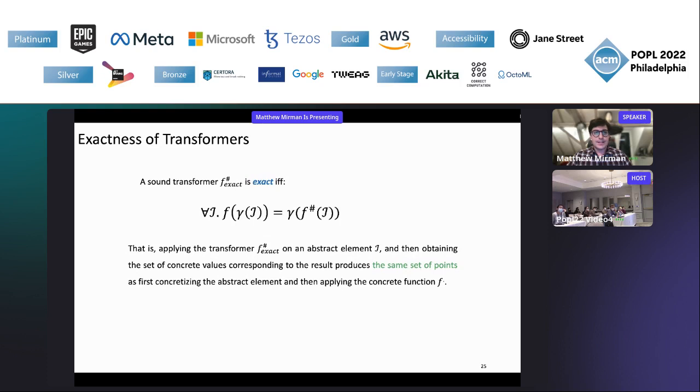Specifically, we say it's exact if applying the transformer F# exact on the abstract element I and then obtaining the set of concrete values corresponding to the result produces the exact same set of points as first concretizing the abstract element and then applying the concrete function.